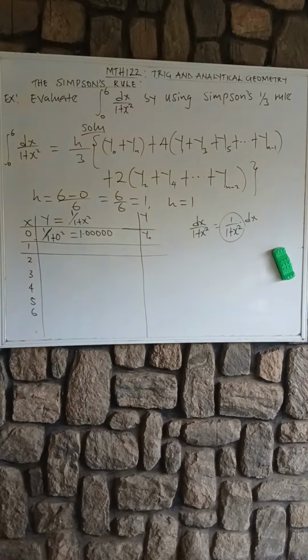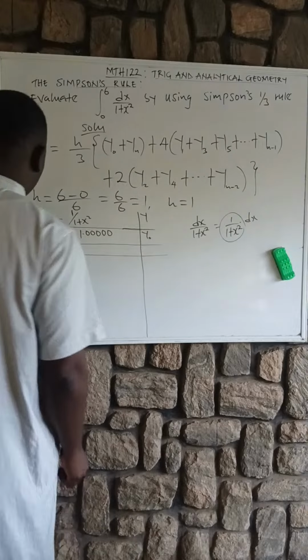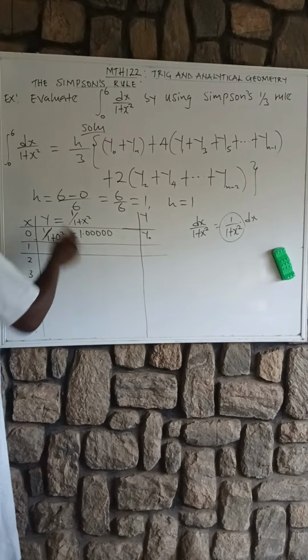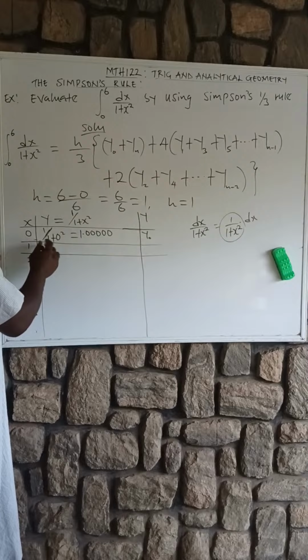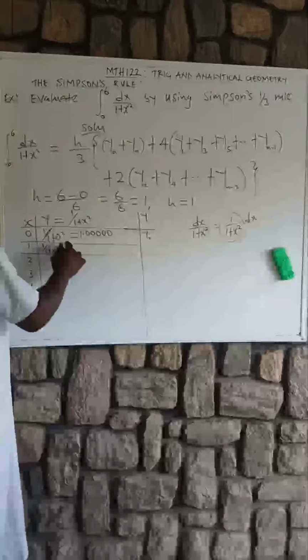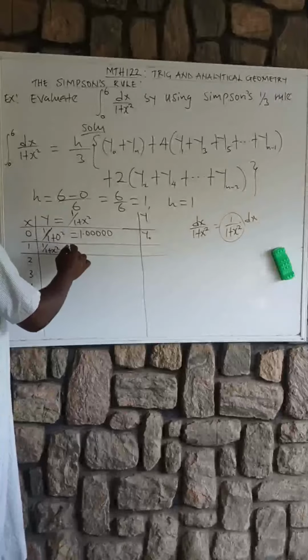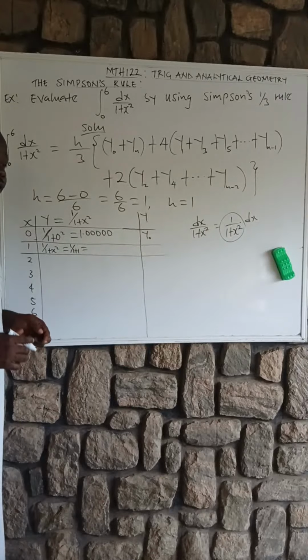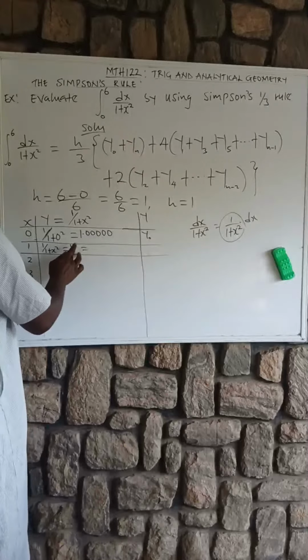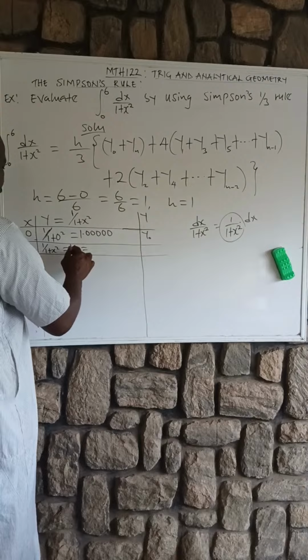So now let's consider 1 here. Anywhere you see x, you write 1. So 1 all over 1 plus 1, which is 2.